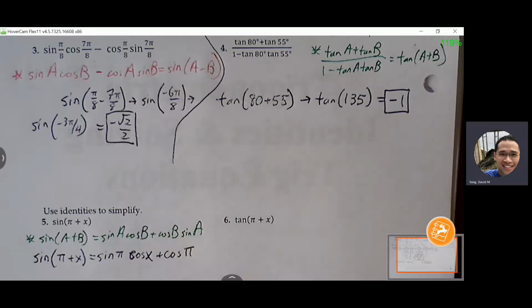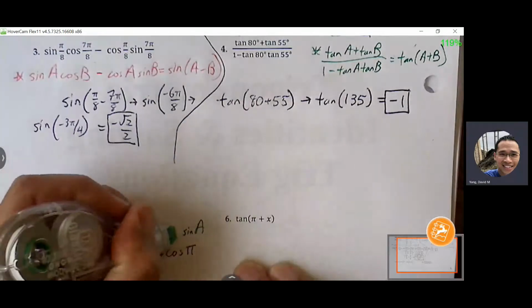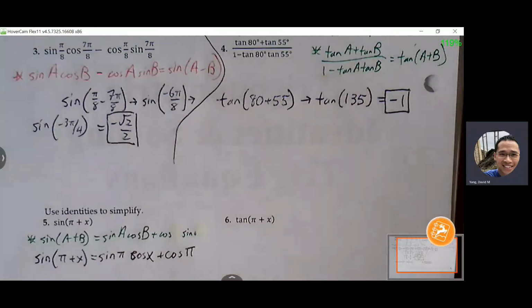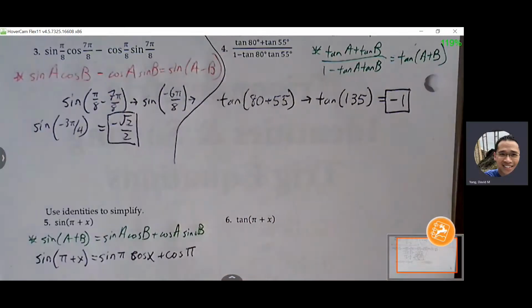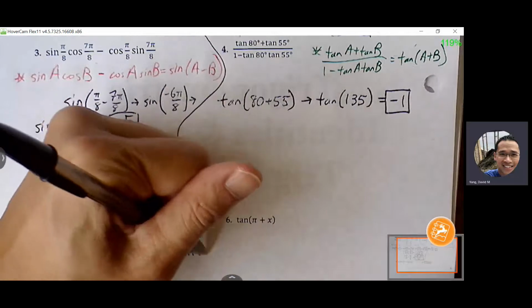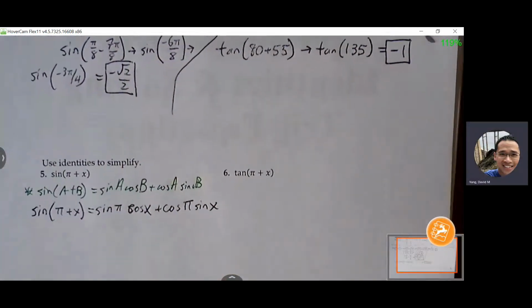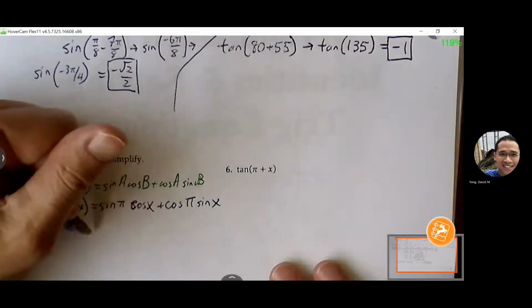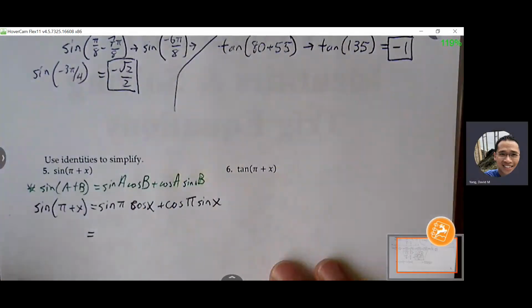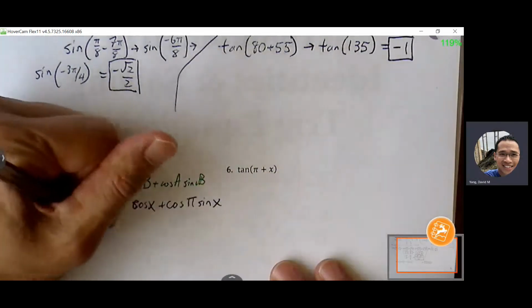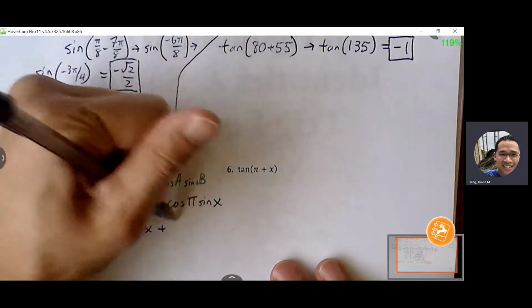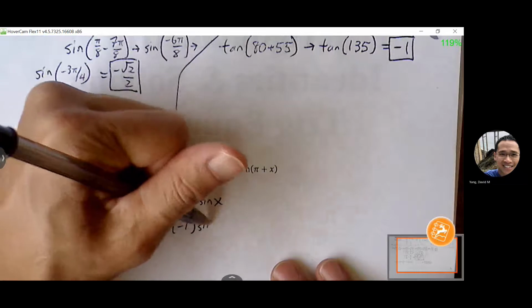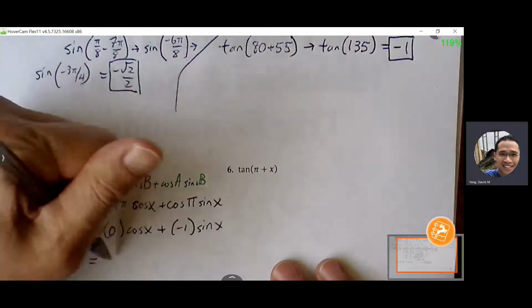Oops, cosine A, sorry. Sine of π is going to be 0. Cosine of π is going to be negative 1. All we have left is negative sine of x.